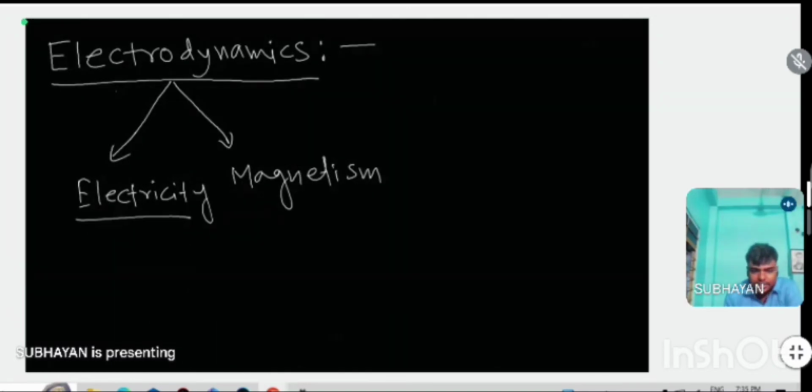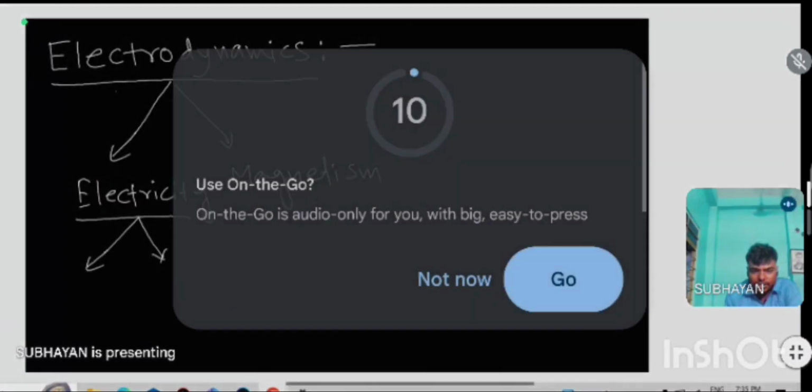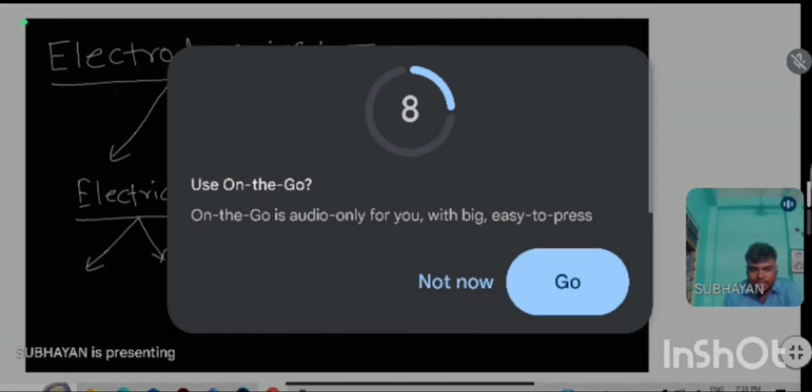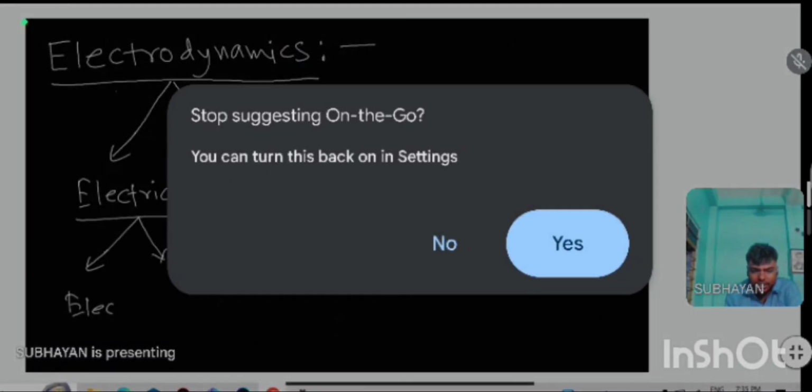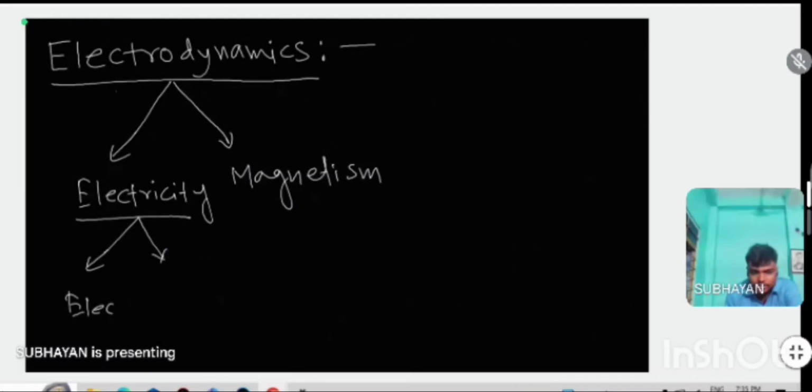And electricity can also be classified into two parts. Whenever the charge is at rest, this is namely electrostatics, and whenever the charge is in motion, this is called current electricity.